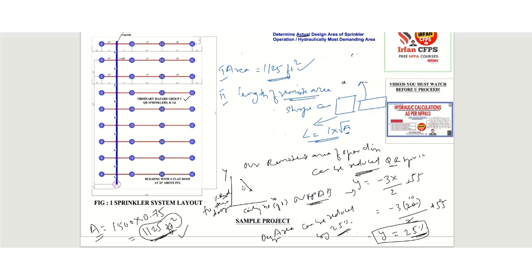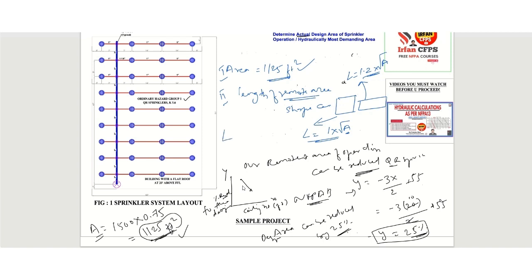If we are considering a rectangle, which we are going to consider in our case, since this will be more challenging, the length of the remote area will be 1.2 multiplied by root A.